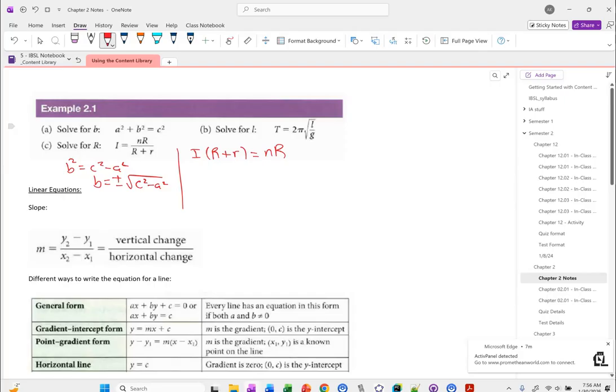Now what should you do? What was that, Mia? I would not do that, because now you're just putting a fraction back. We just got rid of the fraction.